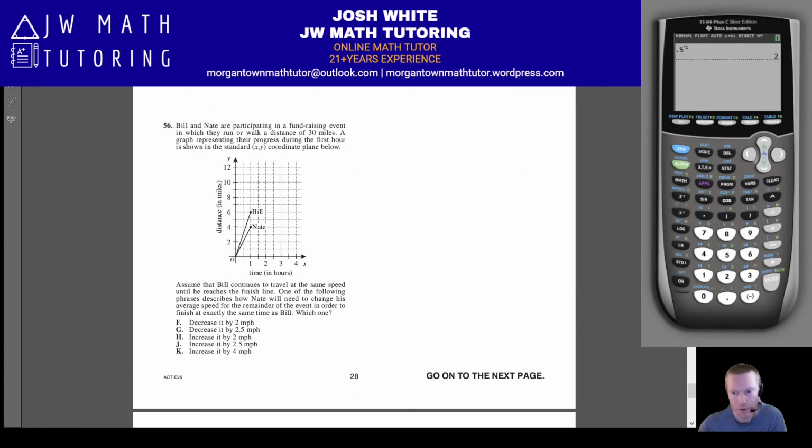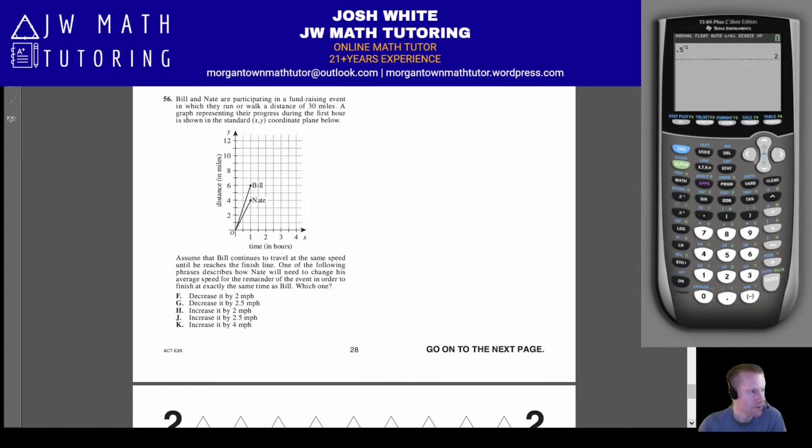Okay, at the bottom of the page then we have problem number 56. This problem is actually a little tricky the way that it's set up. But basically what's going on here is we have two people. One is going at a faster pace than the other. And after 1 hour, one person has gone 6 miles, one person has gone 4 miles. Okay. So if Bill continues at the same speed, to finish the 30 miles, he's got 24 miles left to go.